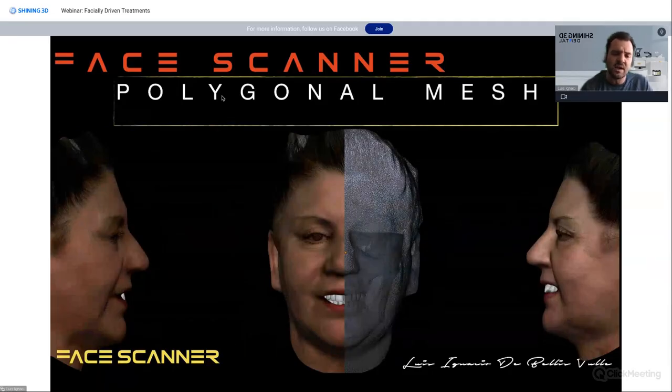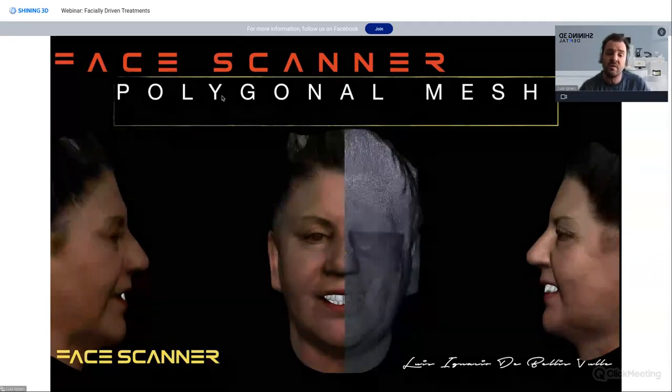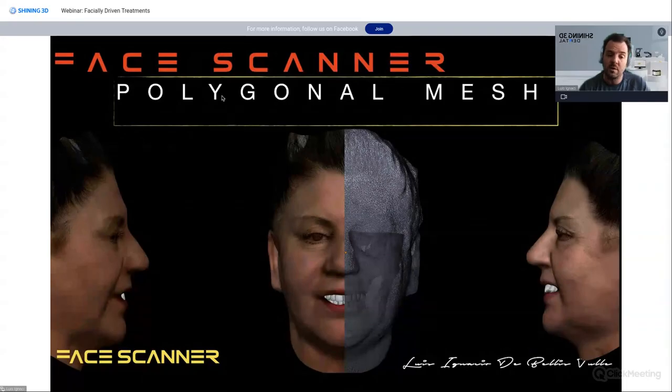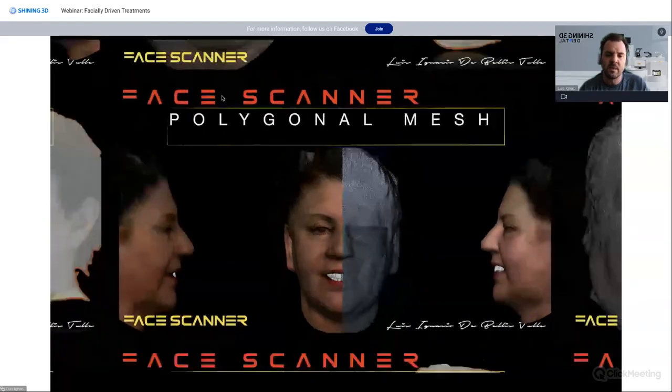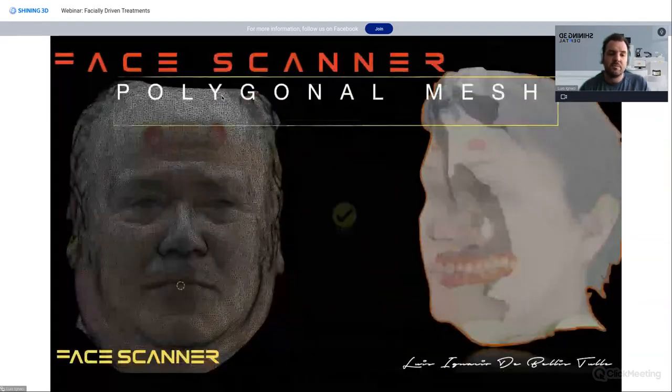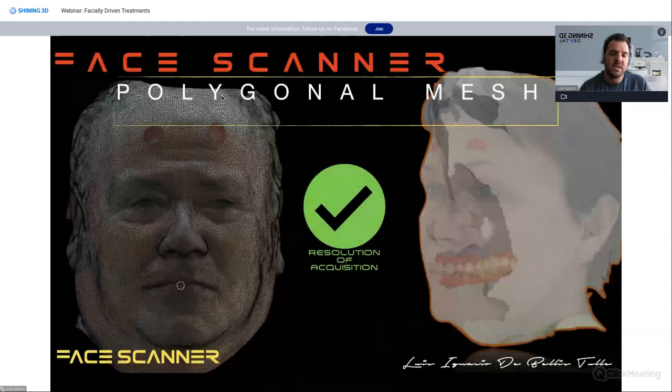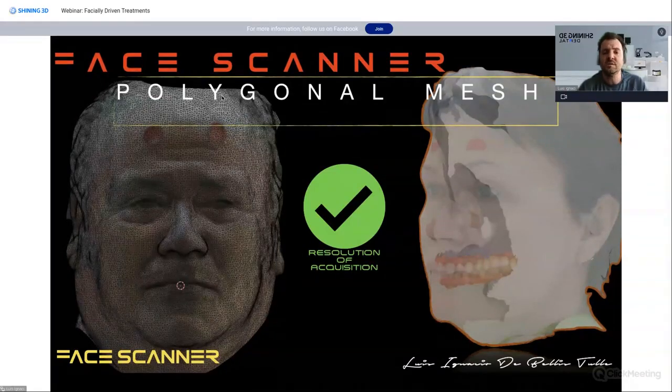For example, if I get a good face scanner, I repeat, I'm going to have even results. Here I have a nice resolution. As you can see, the polygonal mesh that I have is nice, it's even. And why is this?